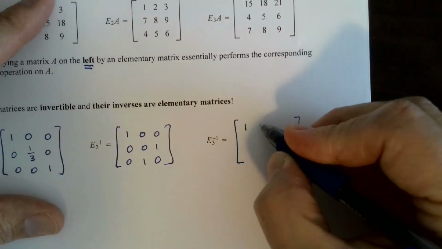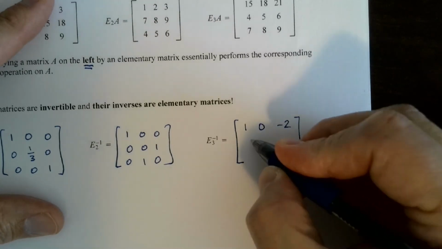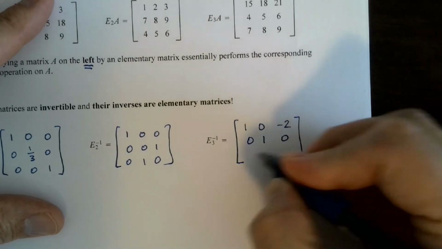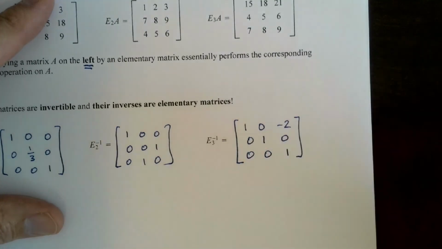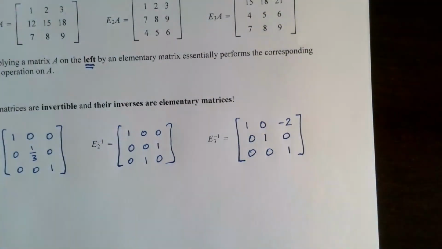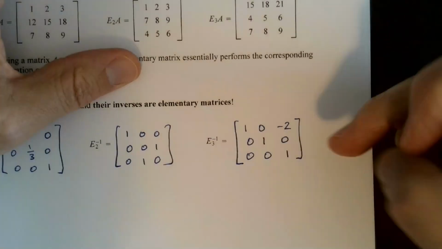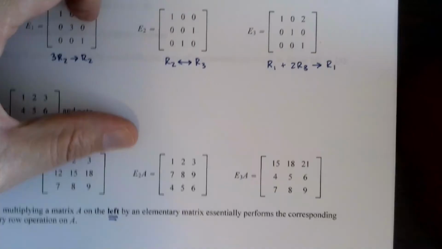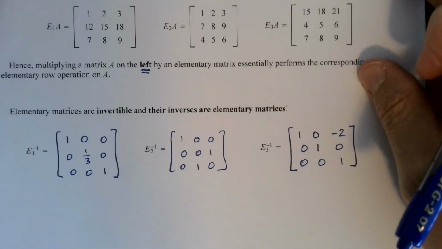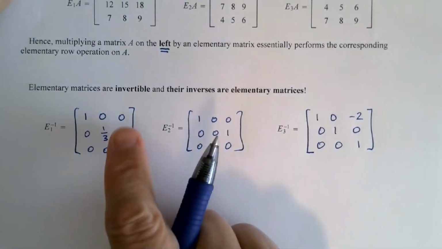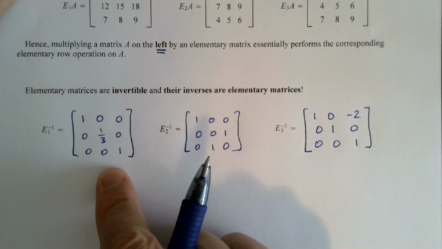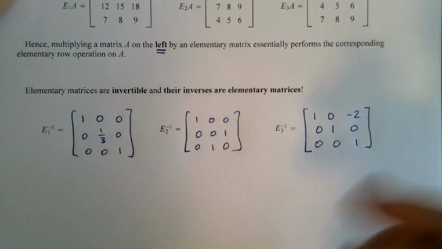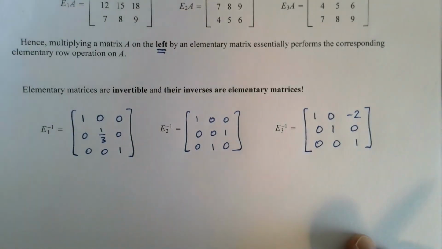Well, it would look like this. If I took the identity matrix and added negative 2 times row 3 to row 1, this is what I would get. And when I multiply this matrix by E sub 3, I'll get the identity matrix. So basically all we're saying is that elementary matrices are invertible, and their inverses are elementary matrices. So that's an important observation.